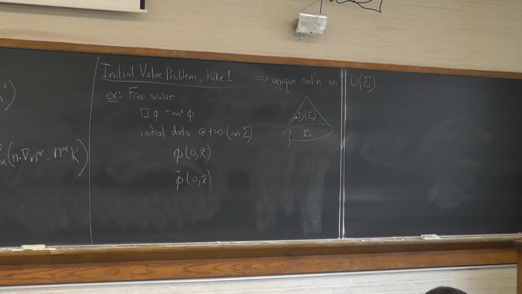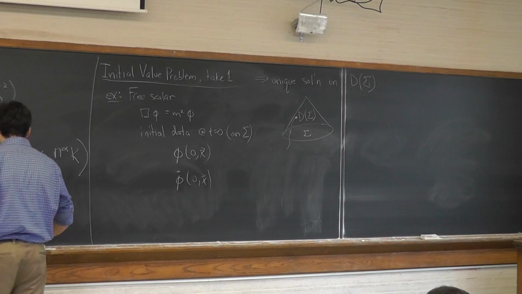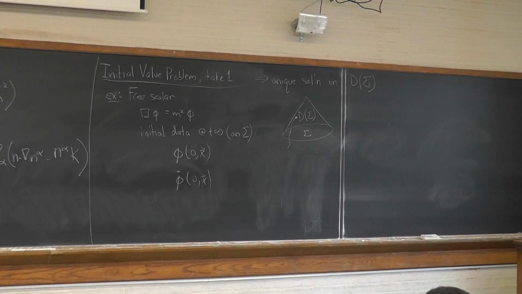Okay, so what is an analog of this? The initial value formulation of general relativity is supposed to give a version of this for gravity. Now for GR, it's going to be much more complicated. And I want to quickly give the example of E and M, because GR is a lot more like E and M than it's like a scalar field.